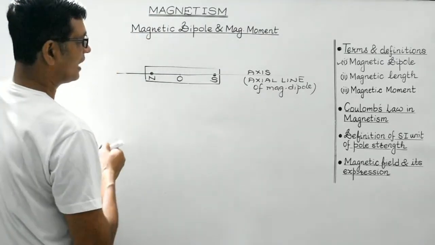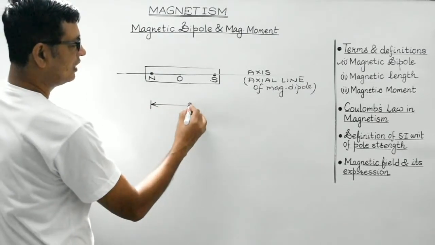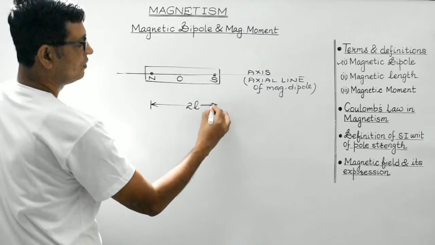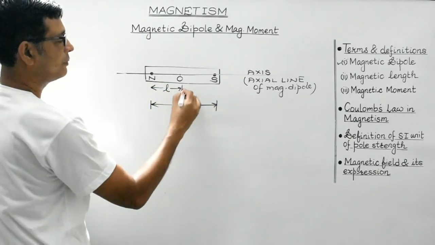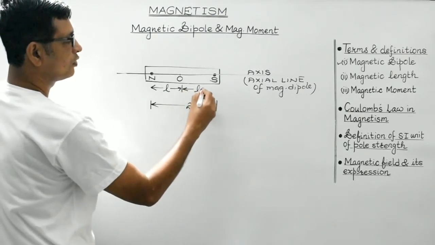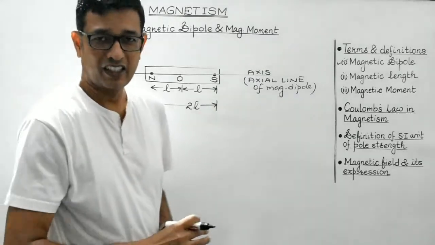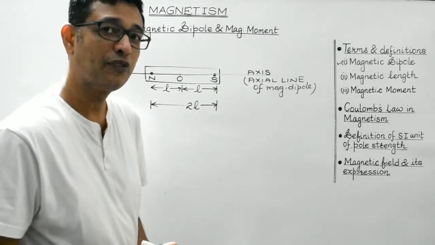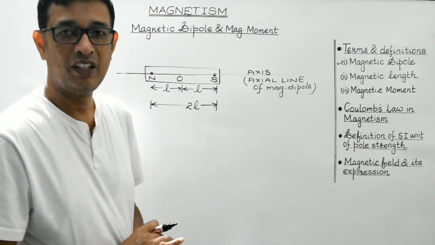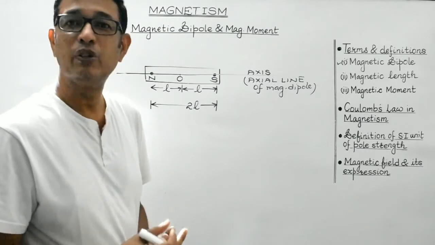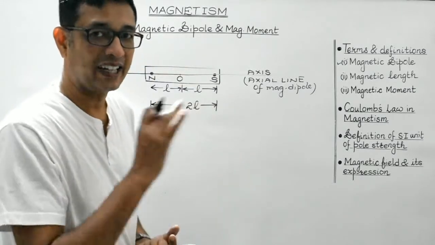So students, magnetic length is the distance between the south and the north pole. Let us represent it by 2L. So this will be L from the center of the dipole, and the distance of the south pole from the center of the dipole would also be L. So, just as a convention, we will make use of 2L to denote the magnetic length. Clear, students? So, magnetic length is the distance between the two equal and opposite poles constituting a magnetic dipole.